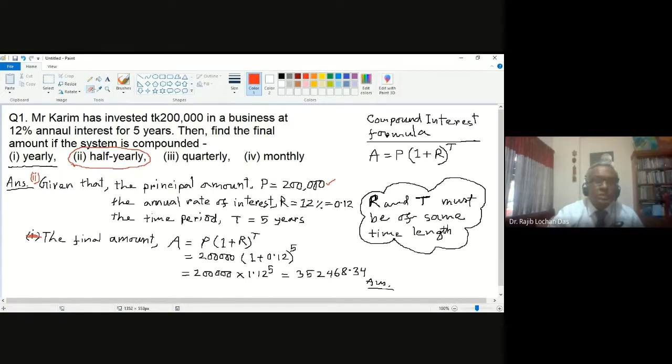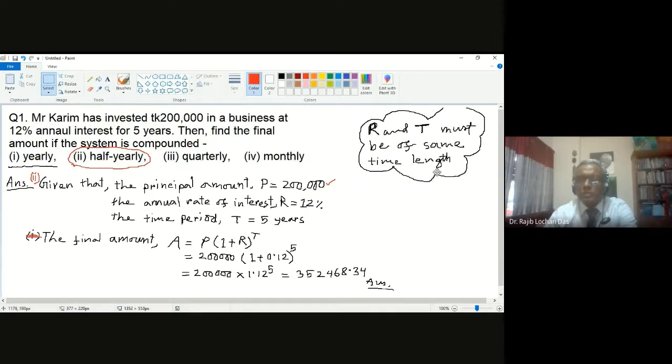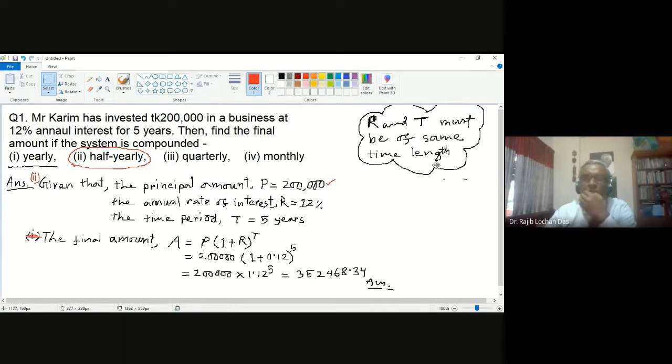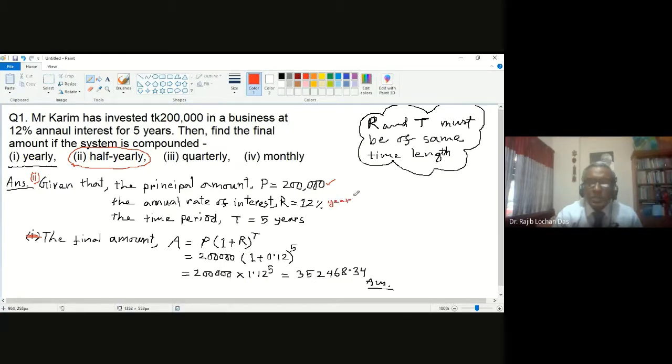After writing 12%, you will write, let me erase this part. It is important actually, I wanted to tell you something. So for 12%, you will write 12% yearly.